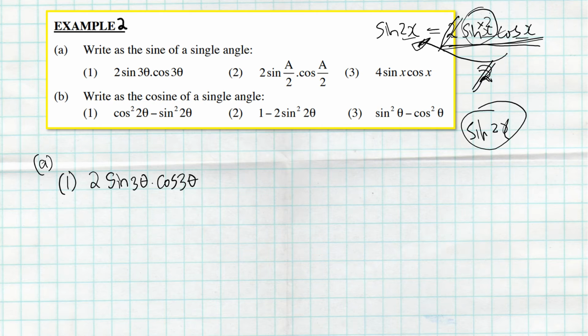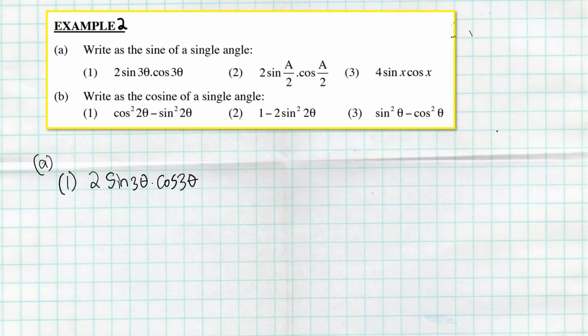Let's just look at an example and I'll show you this. Now I'm given this expression here. I need to return back, right? What will I do? You do it separately, so I'm just going to do it separately. 2 sine 3 theta cos 3 theta. I can see because it's sine and cos, it is double angle for sine.